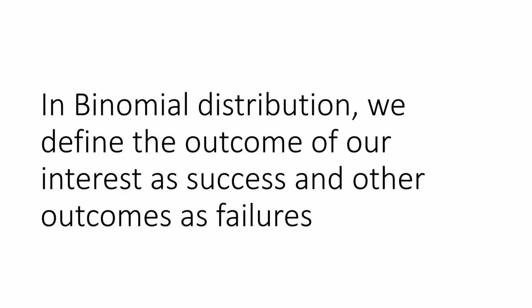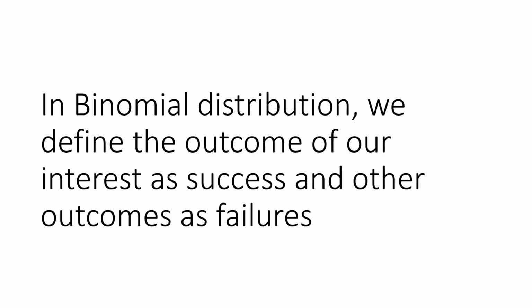So in binomial distribution, we define the outcome of our interest as success and the other outcome as failure. So if I want to measure the number of heads in 6 coin tosses, success is defined as head. If I want to measure the number of times I get 1 as the outcome if I roll a dice 10 times, then getting 1 is the success.